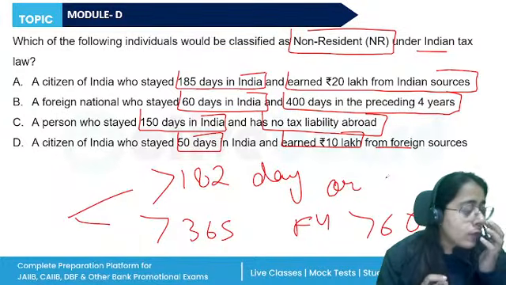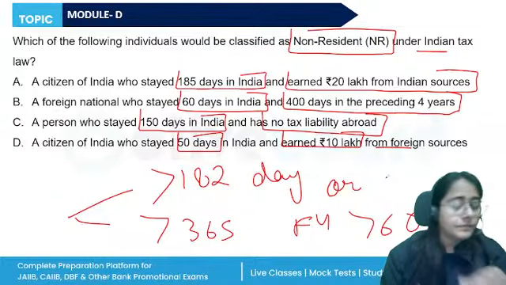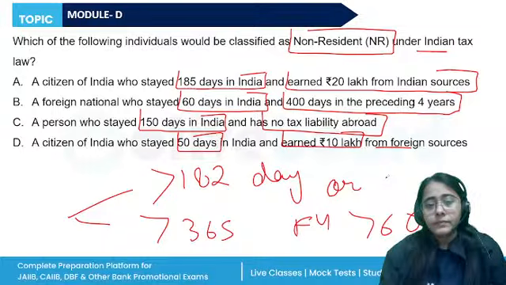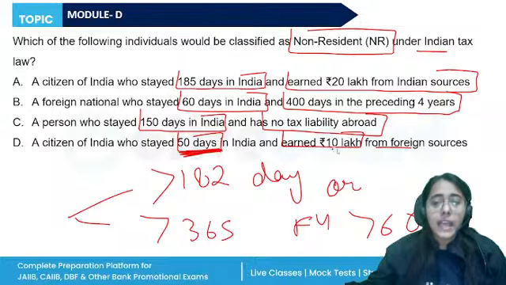Does anyone want to answer this question about the non-resident? Which of the following would be a non-resident? So, a citizen of India who stayed 50 days only and earned 10 lakhs from foreign sources.